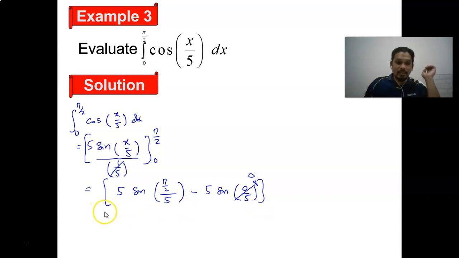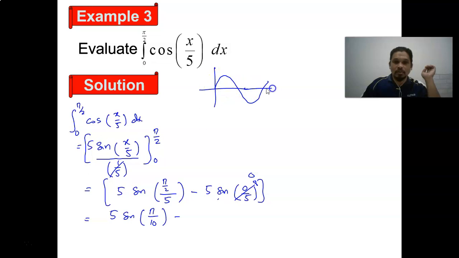So then here now, this comes up with 5 sine pi over 10 minus sine 0. What about sine 0? The graph of sine begins here, right? So sine 0 means that everything is equal to 0. 0 times 5, 0.